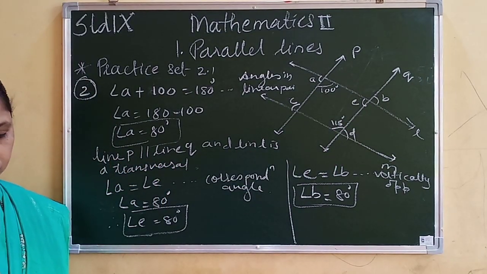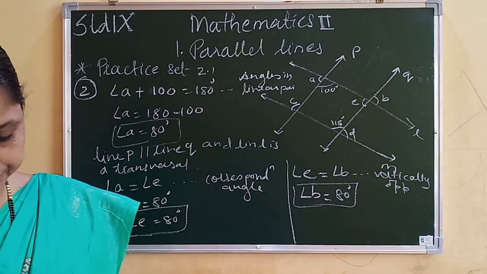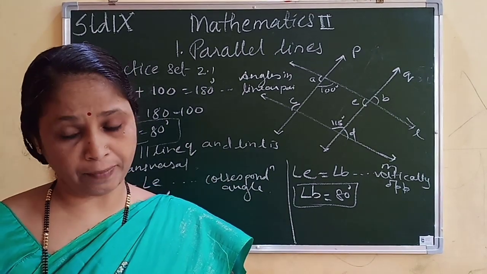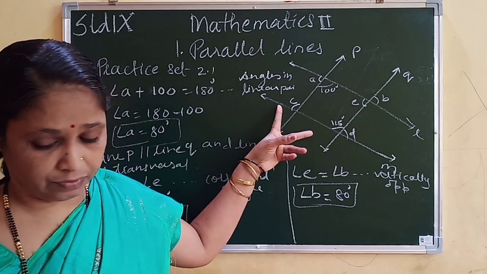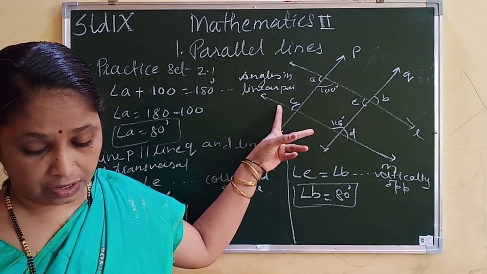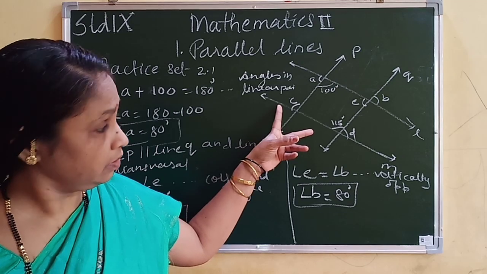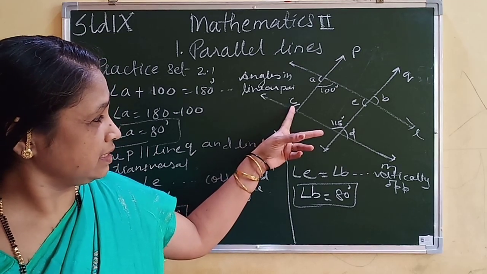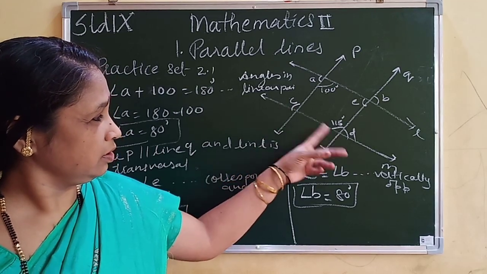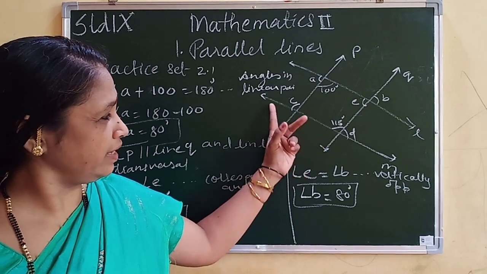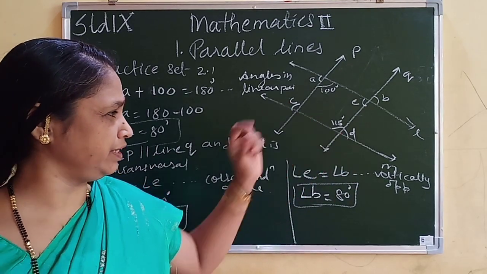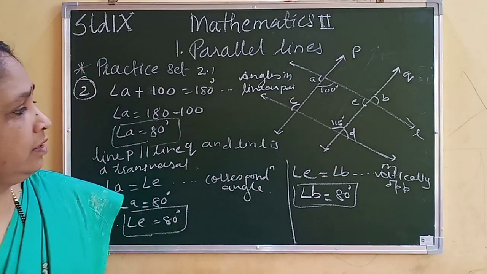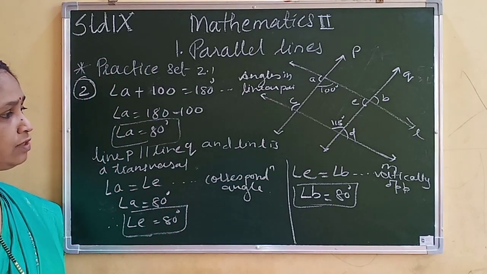Okay, now we consider line P and Q as parallel lines and M as the transversal. Then angle C is what? These two are parallel and this is the transversal. So angle C will be 115. Now why is it 115? Because corresponding angles are congruent.